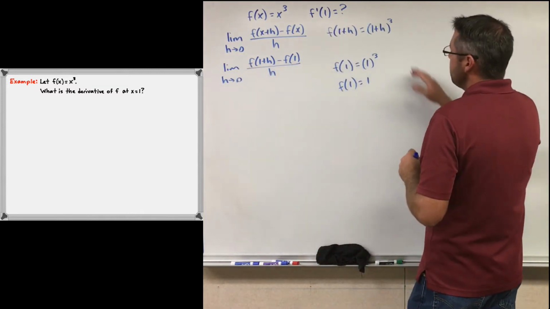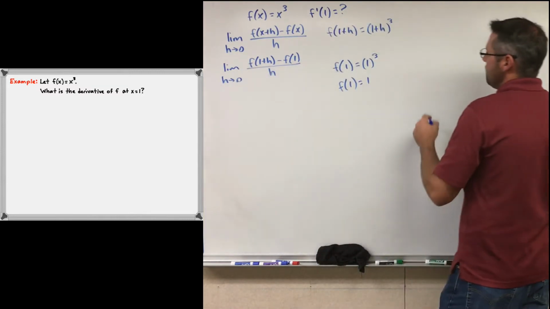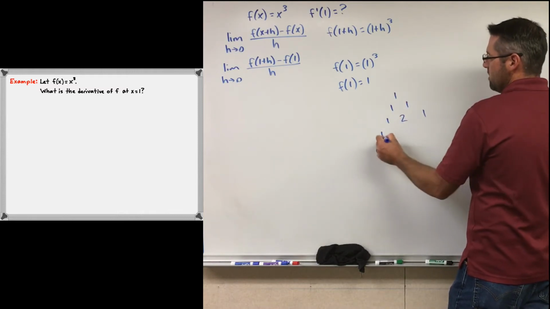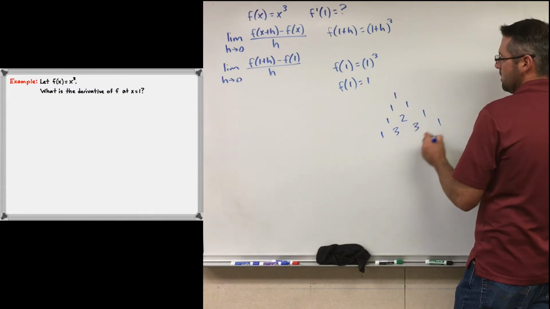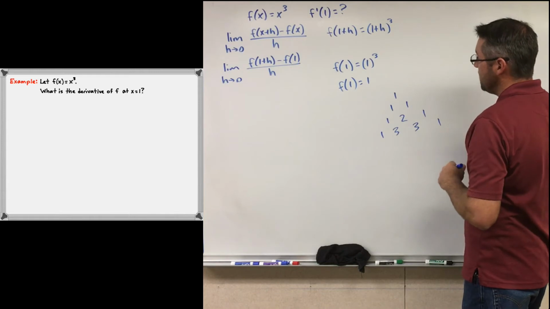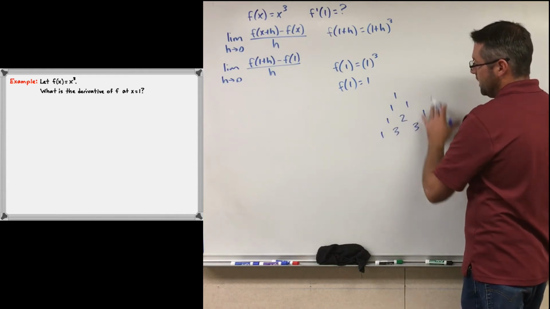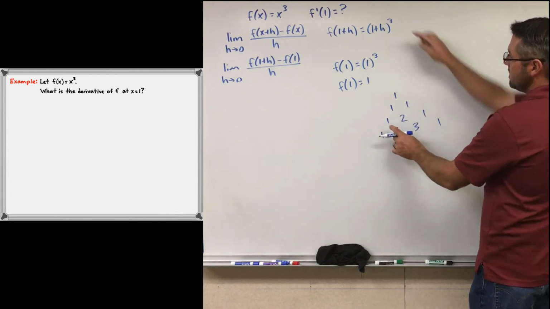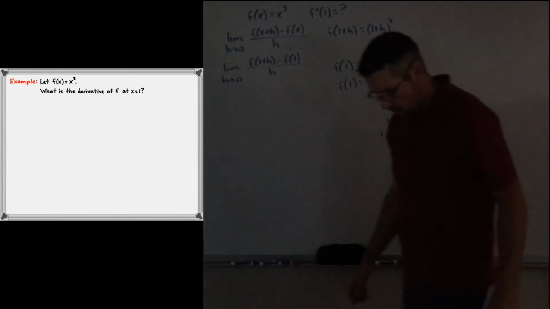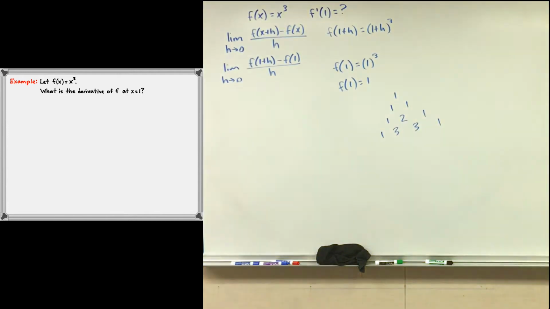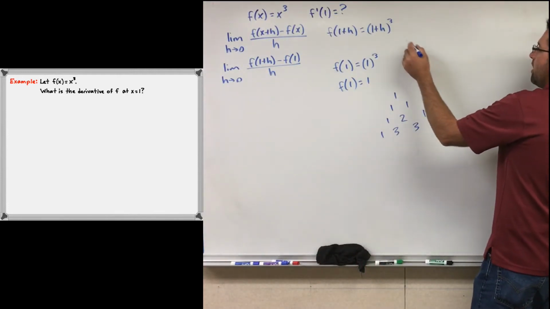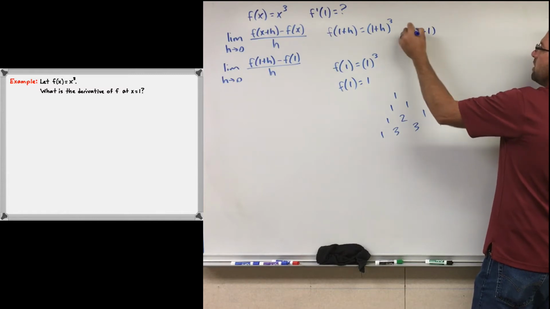All right? And then from here, we can expand this out. If you are familiar with Pascal's triangle, it helps us deal with polynomial functions and expanding them. I'm not going to explain all of this if you don't see it, but you can see if this was a squared, then this would be h plus 1 squared, let's say.